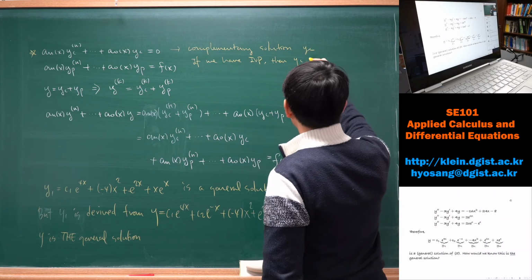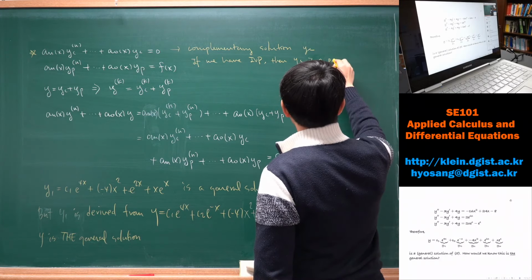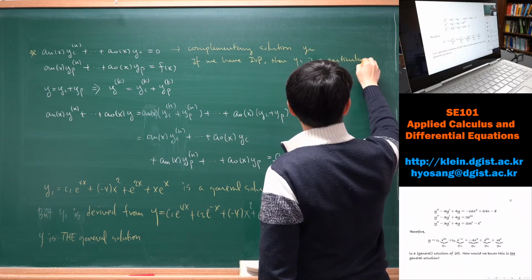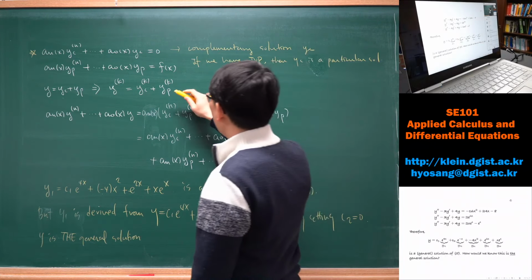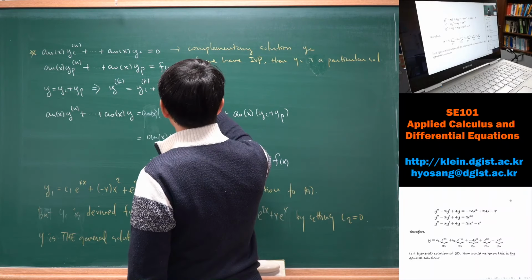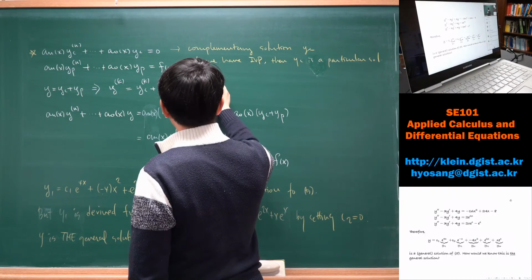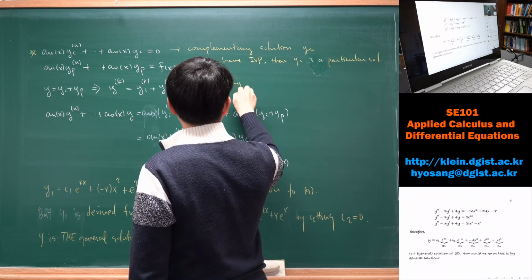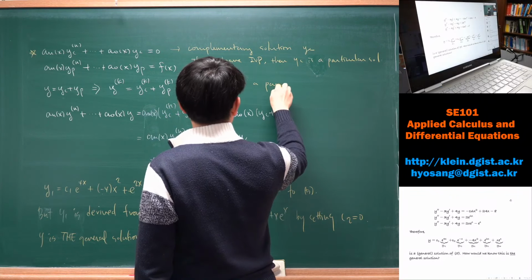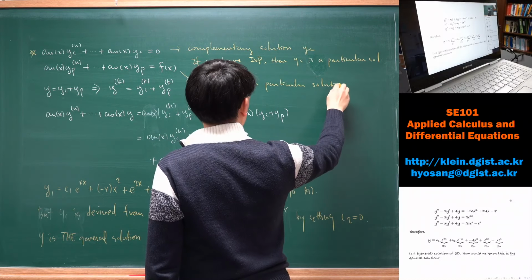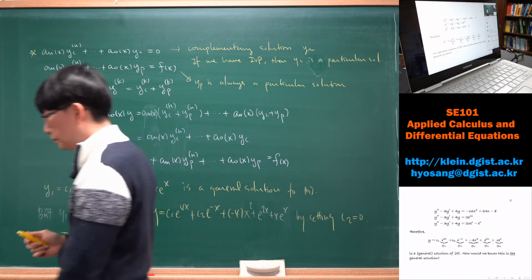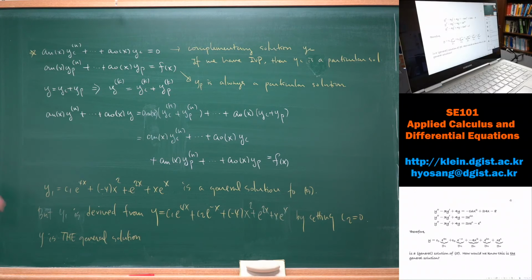Okay, so then YC is a particular solution. However, YP, this guy, YP is always a particular solution. That's why we put P. P stands for particular.